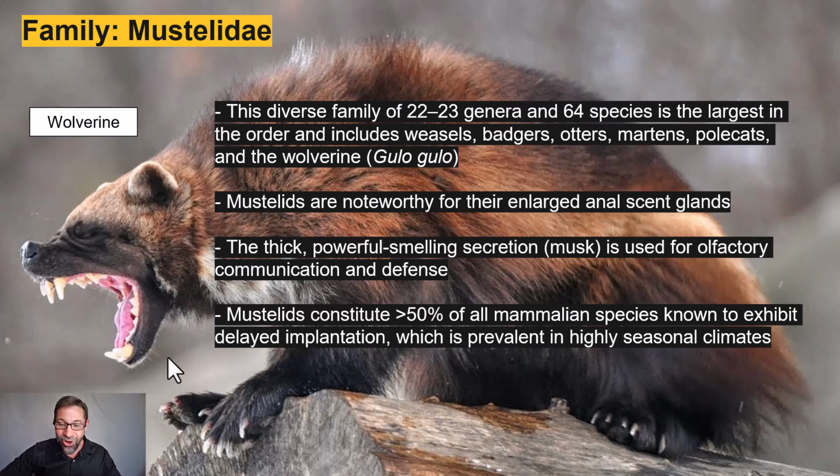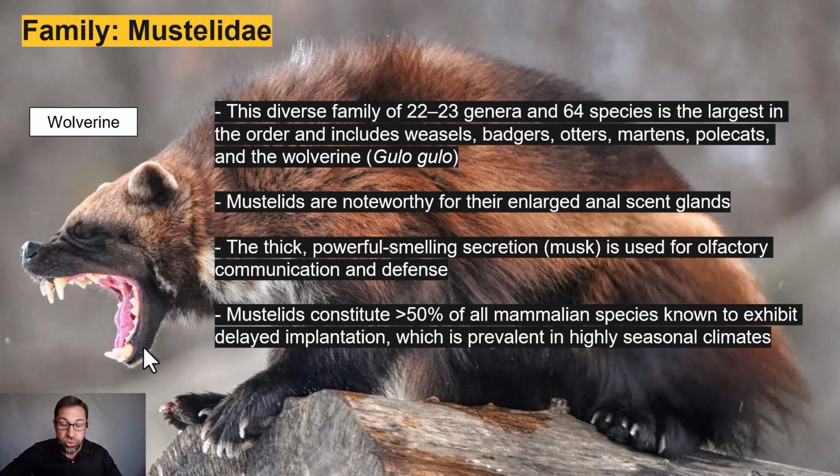Some impressive canines there. So mustelids are noteworthy for their enlarged anal scent glands, which produce a thick, powerful smelling secretion called musk, which they use for olfactory communication as well as defense.